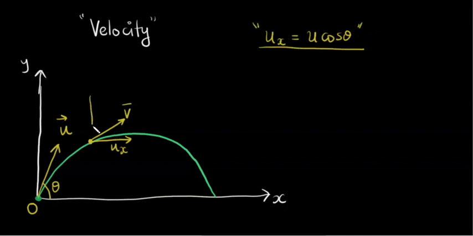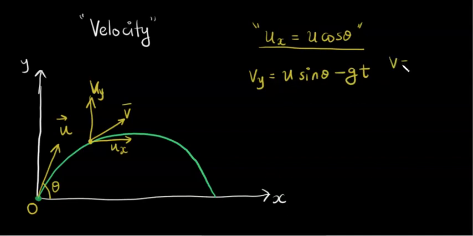And in the vertical direction, some velocity will be there. Let's say this is vy. This is not uy, by the way, because it will not be the same. So what is this vy? vy can be written as u sin theta minus g t.